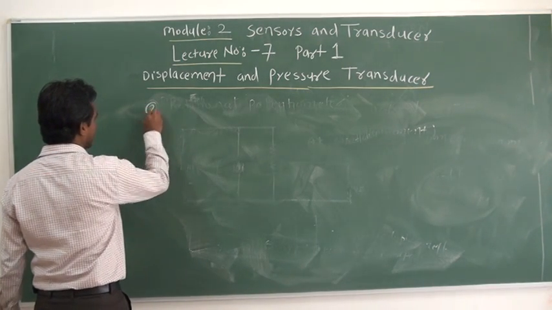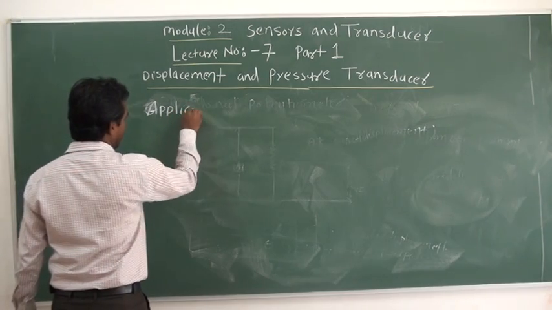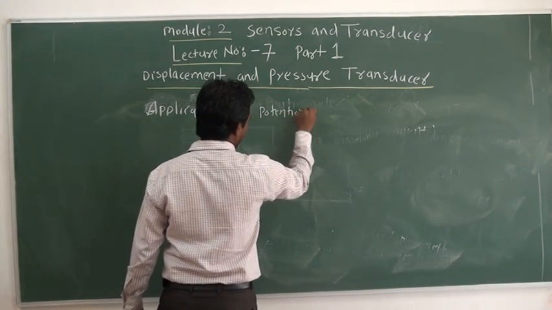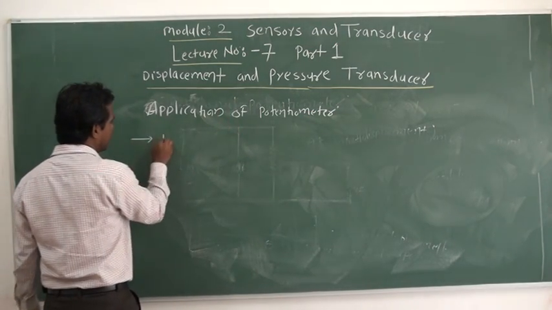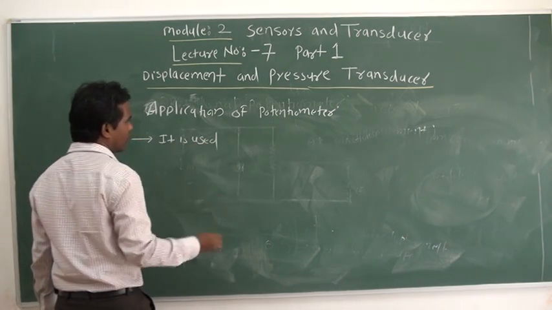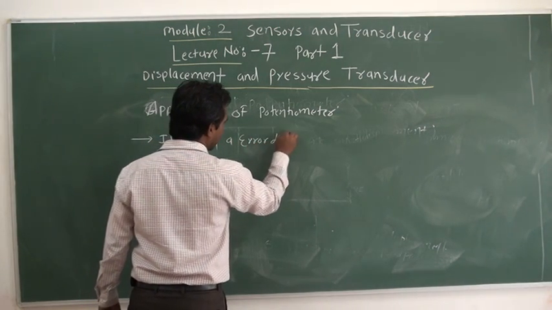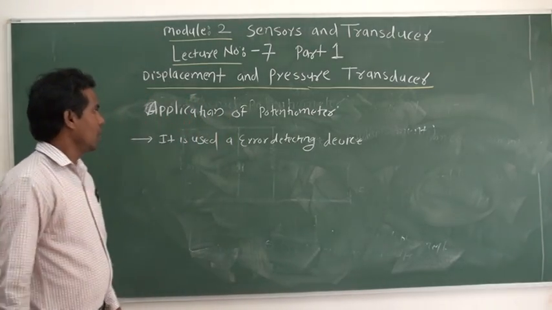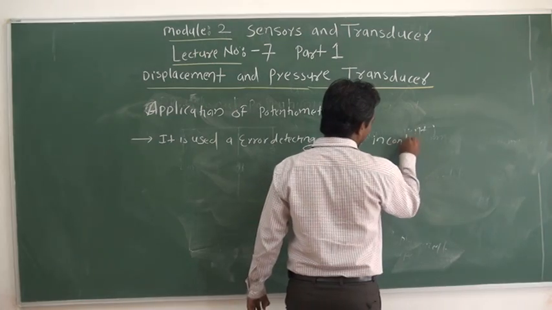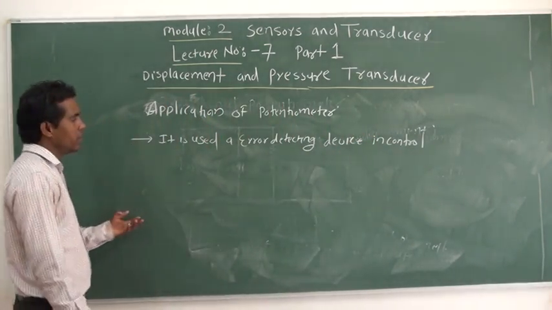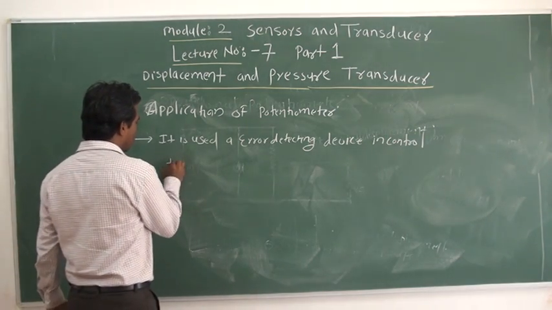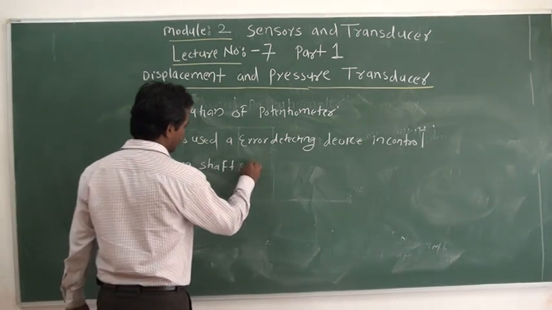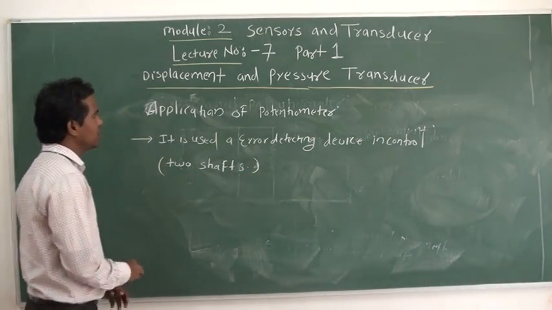So the application of a potentiometer is that it is used as an error detecting device in control systems. It finds out the difference in distance between two shafts. So this is an application of potentiometer.